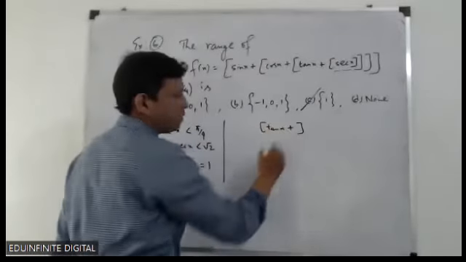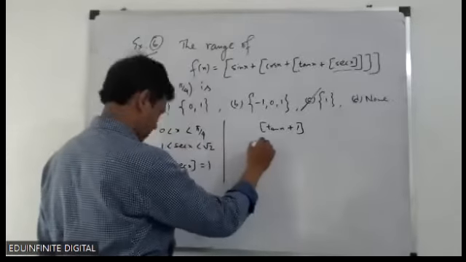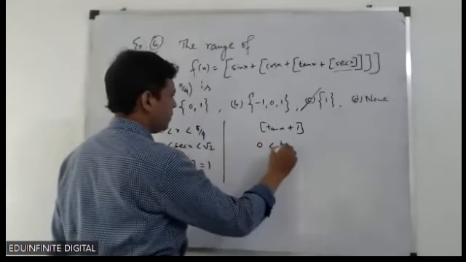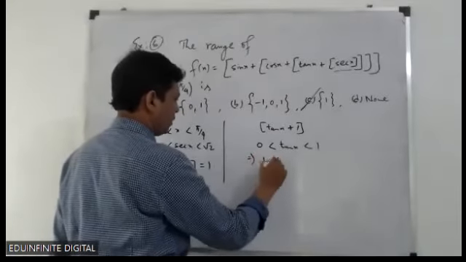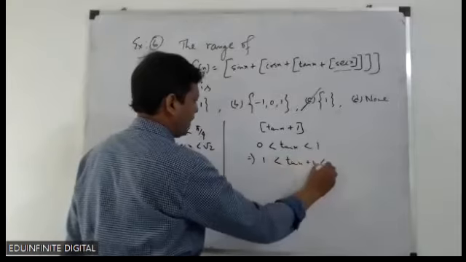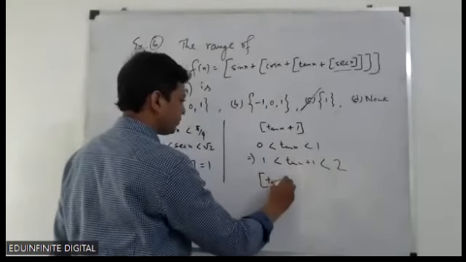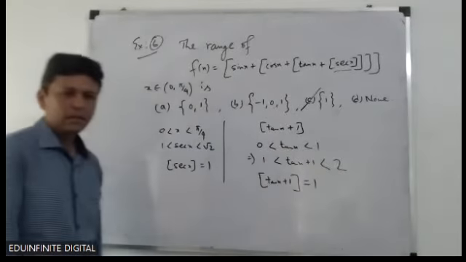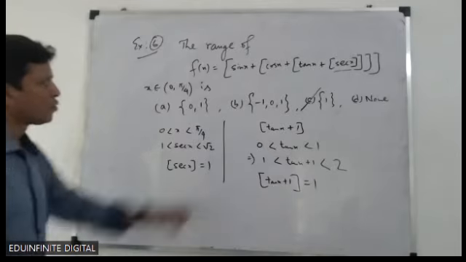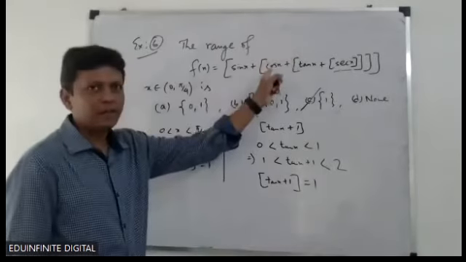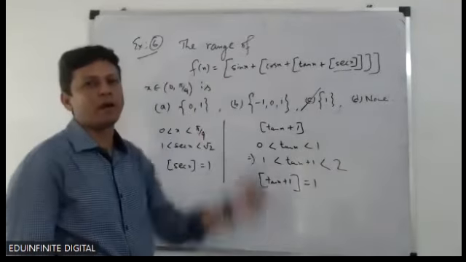Tan x plus 1. So minimum again, value at 0 will be 0 and at 45 will be 1. Tan x will be 1. So 1 less than tan x plus 1 less than 2. So box will be 1. Am I clear, Deepayan? So again this is 1. Again you check 1 plus cos x will be 1. Again you check lastly sin x plus 1 will be 1 box.